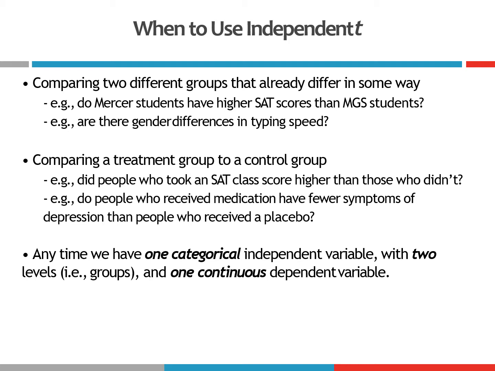So another way of saying that is we have to have a categorical independent variable that's dichotomous, or has two groups and only two groups, and one continuous dependent variable, right? So we're always going to be looking for a variable with two levels and a dependent variable that is numeric.